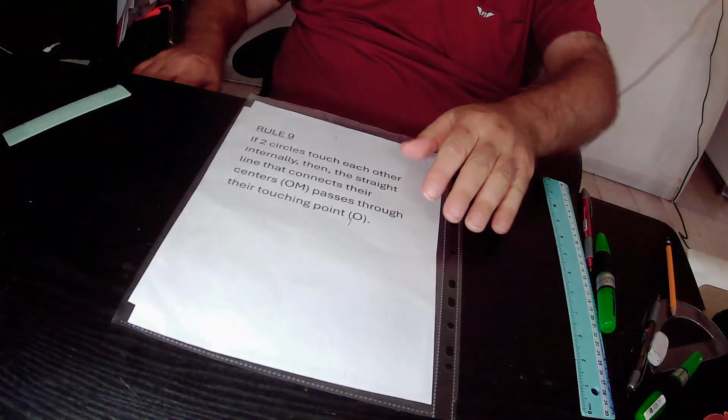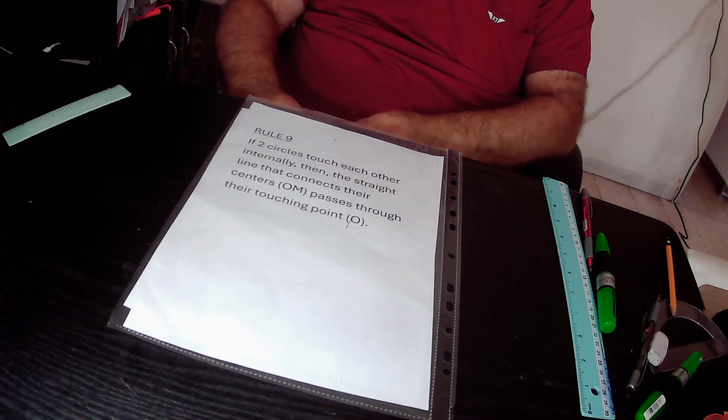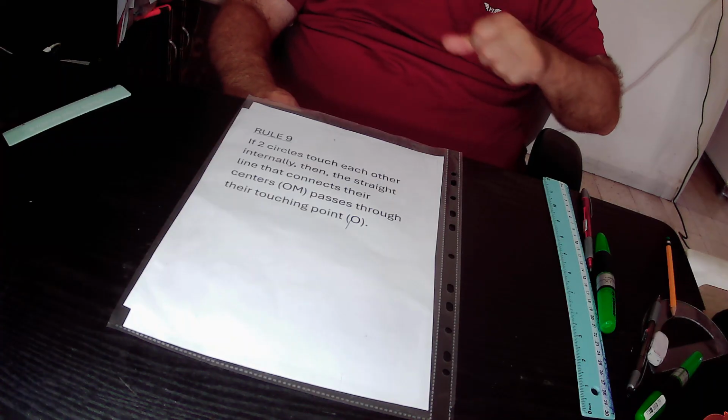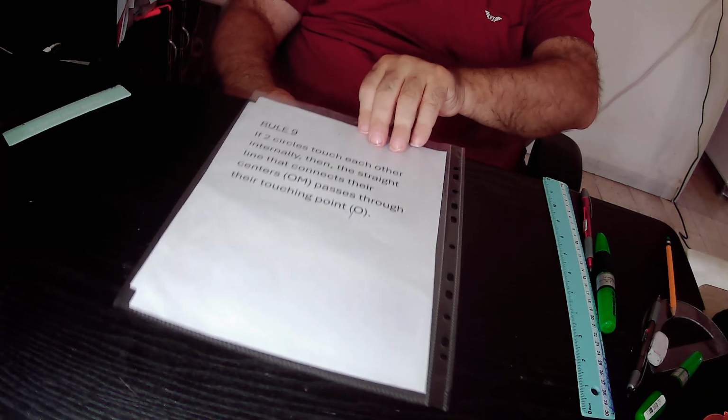According to rule 9, if two circles touch each other internally, then the straight line that connects the circles together passes through their touching point.